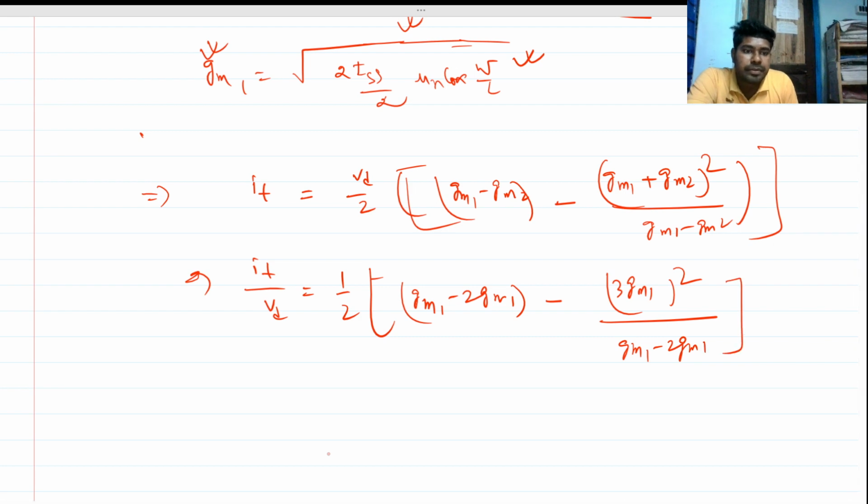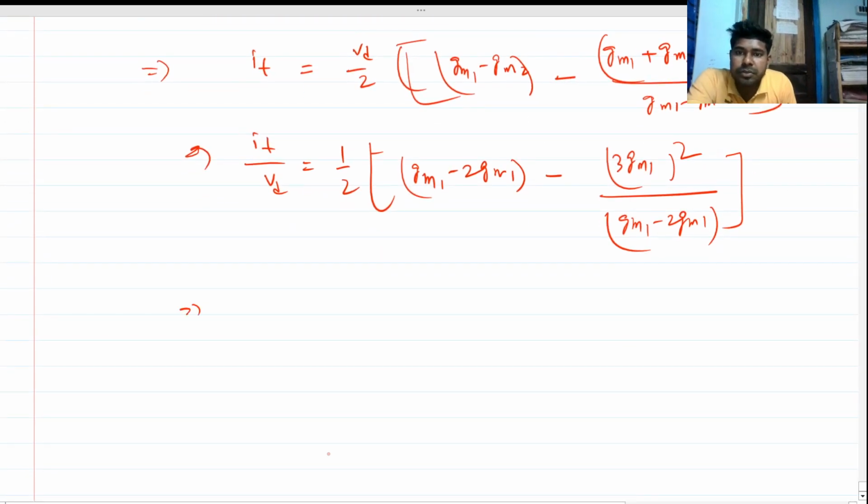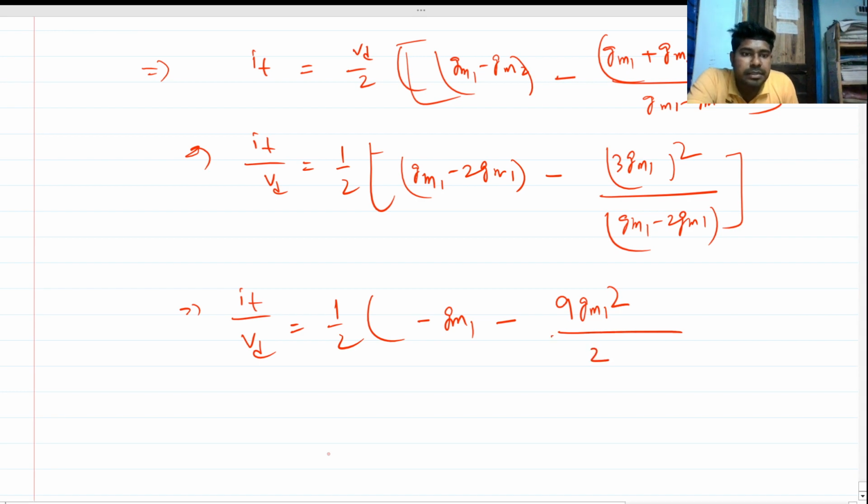So this is the case. Now if we do further calculation, this will be IT over Vd, half times minus Gm1 minus 9 Gm1 square divided by minus Gm1, right?